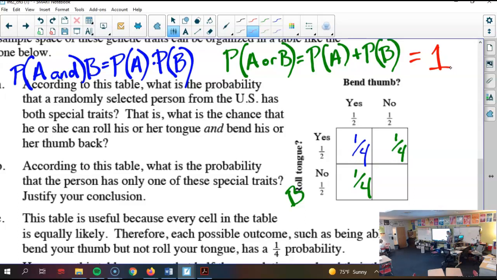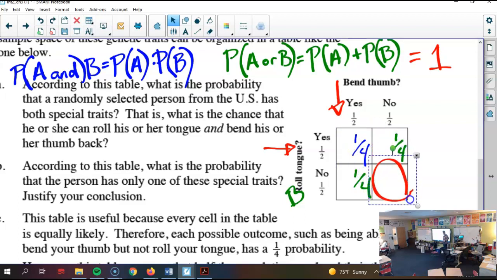What do we need to get rid of? Currently we're looking at what equals 1, the overlap. So we need to subtract the opposite corner. It's 1 minus the probability of A times B. P of A means yes, it does happen.